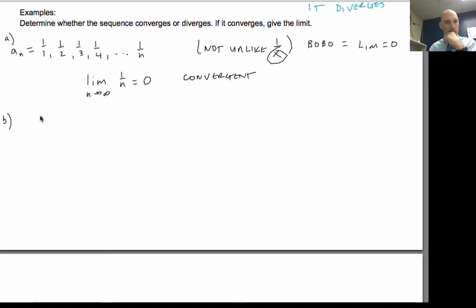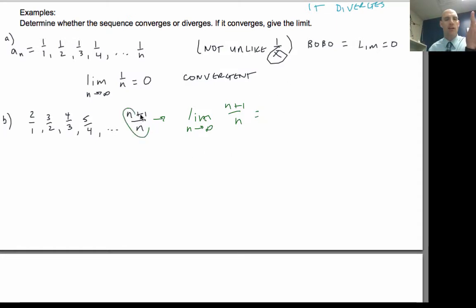B. Here's my next one. 2 over 1, 3 over 2, 4 over 3, 5 over 4. What's happening here? Well, you have n plus 1 over n. And so I want to compare the highest powers, right? So essentially what's happening is I have the limit as n goes to infinity of n plus 1 over n is equal to, essentially, so you always take the highest power.